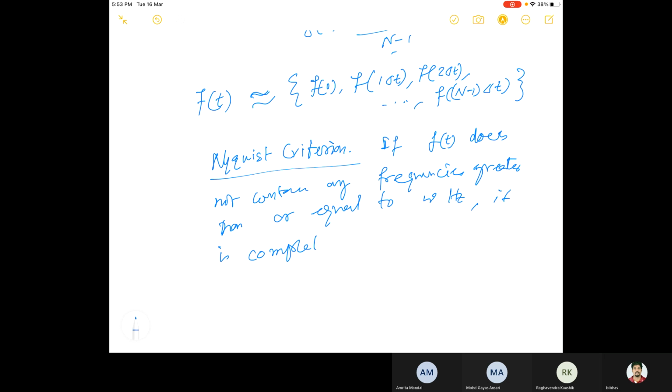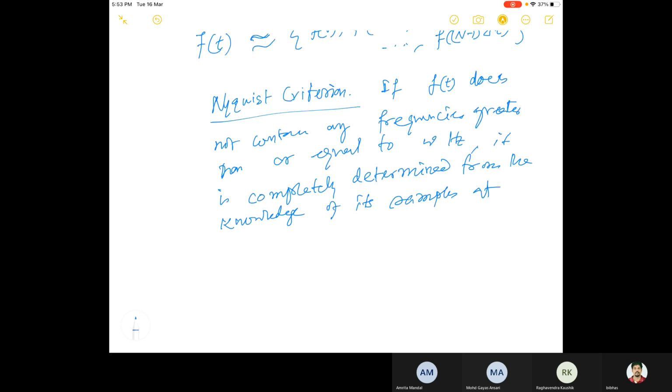it is completely determined from the knowledge of its samples at times 1 by 2 omega seconds apart.